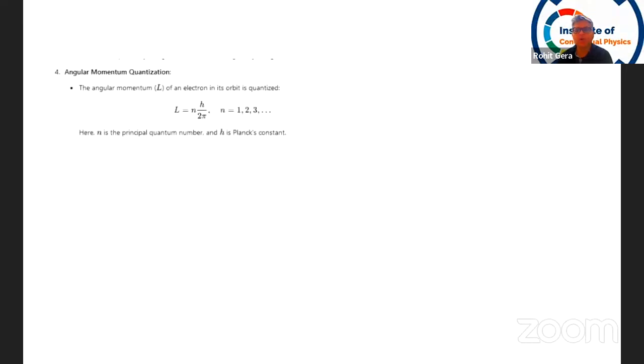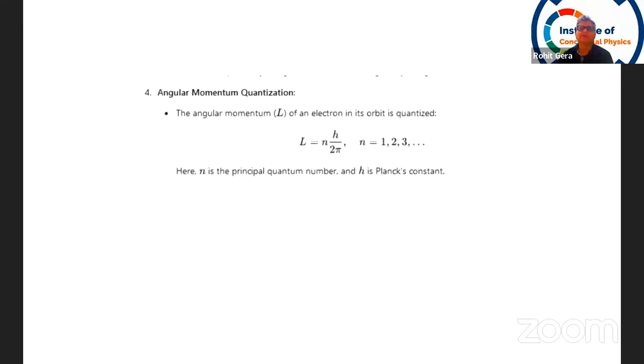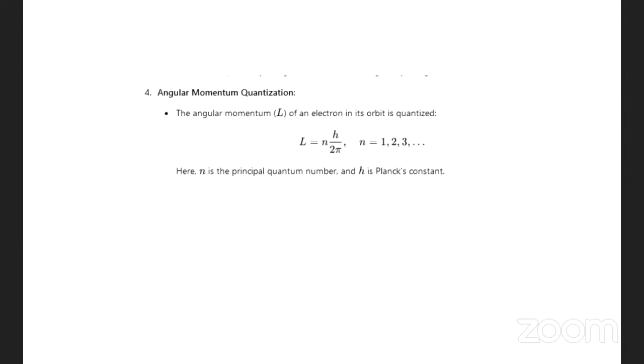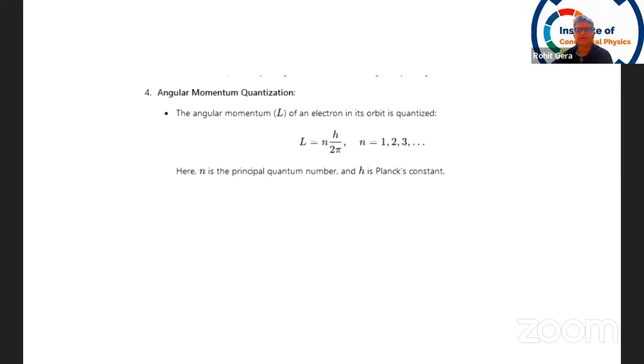So what does it say? It says that energy is quantized, which means energy can have fixed values. The angular momentum is also quantized. And what does it mean?